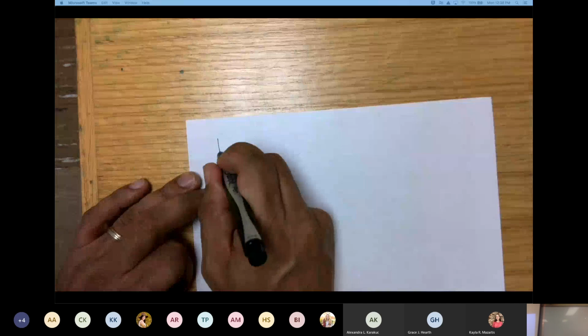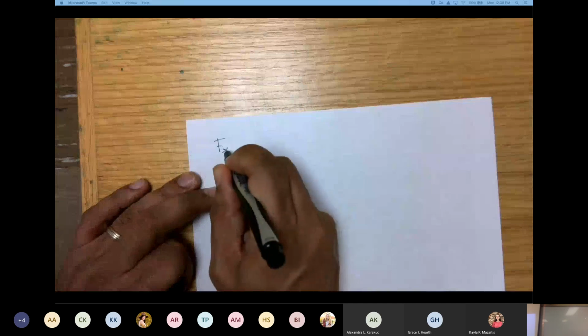Okay, I'm going to show the math for the angle. If I can find a piece of paper, there you go. Okay, so I'm going to repeat the angle. For the angle, we have two components.